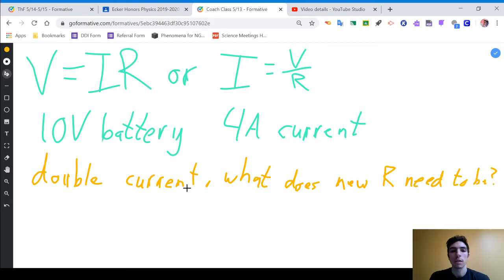Since we don't have any mention of voltage changes here, we just see that current and resistance are changing. I'm going to assume that the voltage of our battery is not going to change. So we want to keep the same 10 volt battery we were using before, but double the current by changing something in the resistors in our circuit.